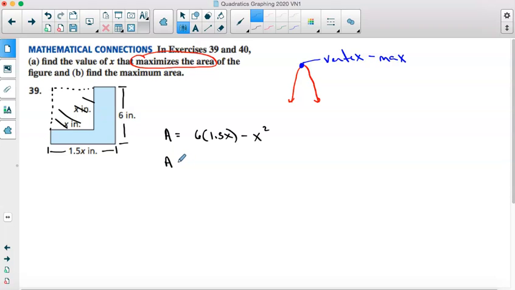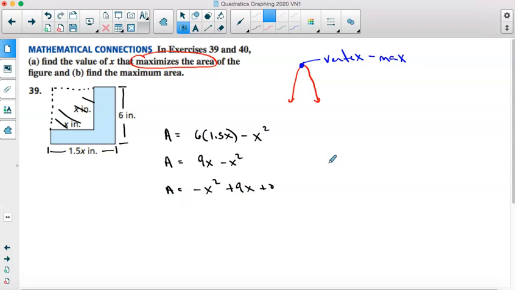So the area equals 6 times 1.5, which is 9x, minus x squared. I'm going to rewrite this as negative x squared plus 9x, and put a plus c there, which is plus 0.